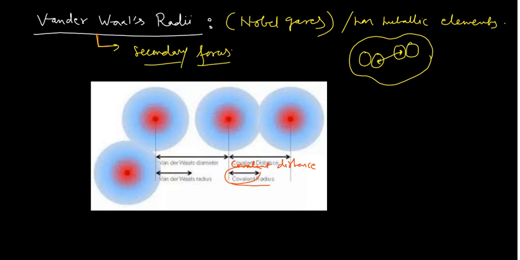If you take half of this, then this distance would be your van der Waals radii. This is quite different. If you are talking about the covalent radii, it means this is the bond distance, and half of it is your covalent radii.